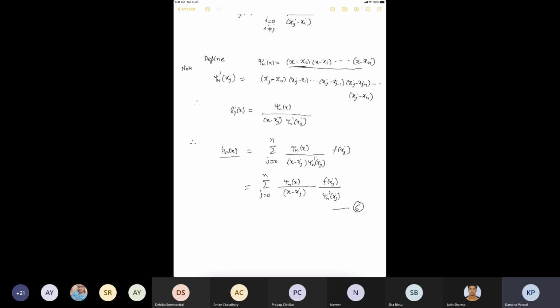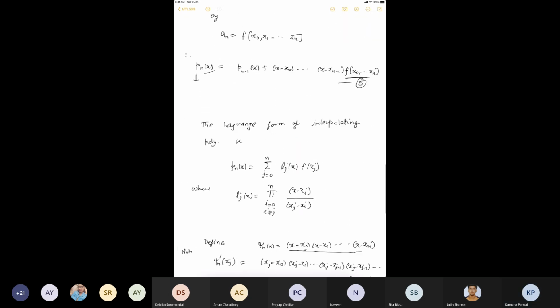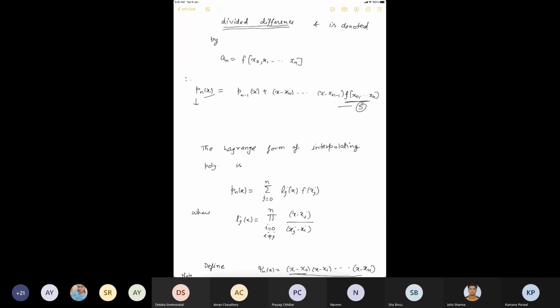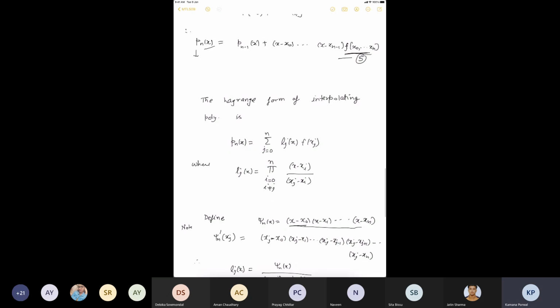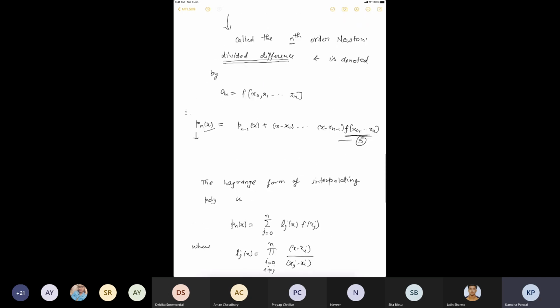Since both are the same polynomial, I'm going to compare the nth degree term. From equation 5, we will have the coefficient of x raised to power n, and from this expression, I can find the coefficient of x raised to power n. They both have to be the same, because both are the same polynomial. What is the coefficient of x raised to power n from equation 5? It is the divided difference f[x0, ..., xn].